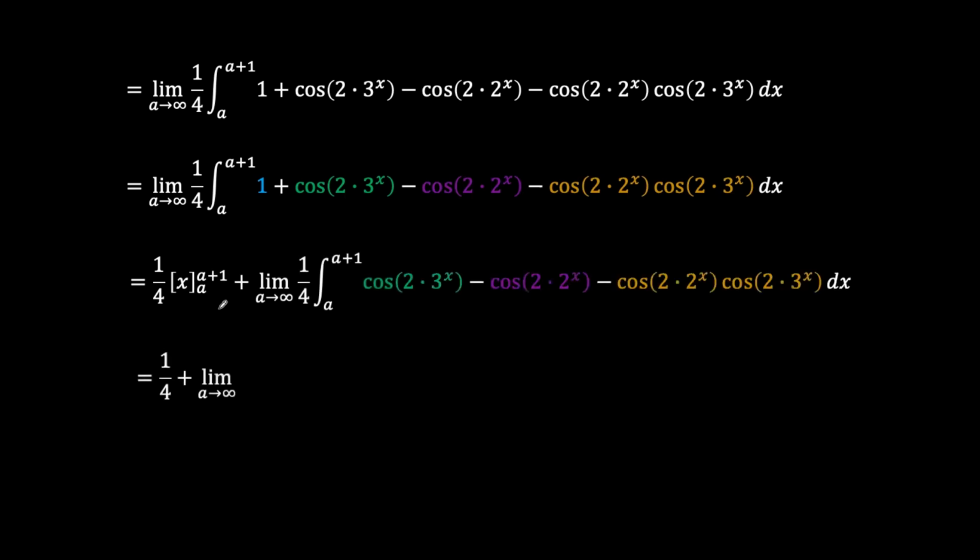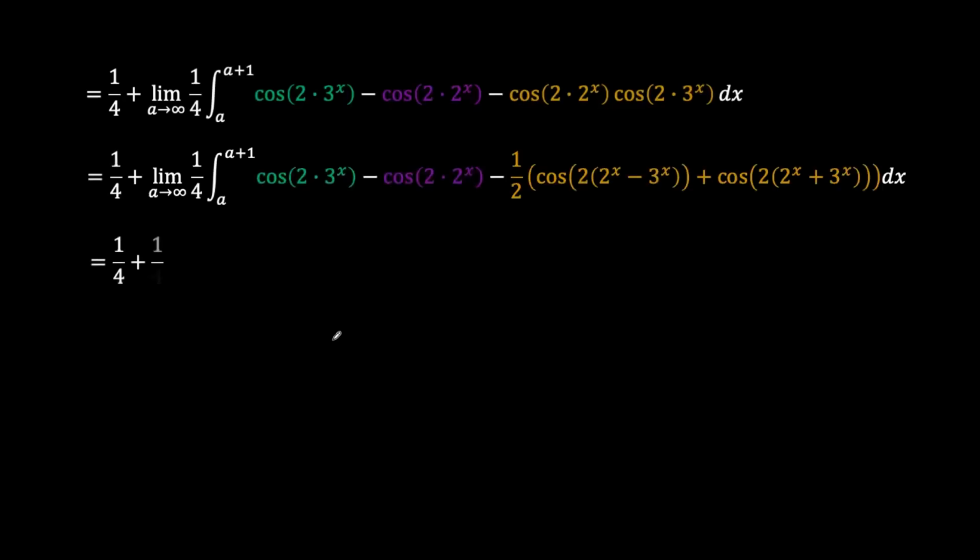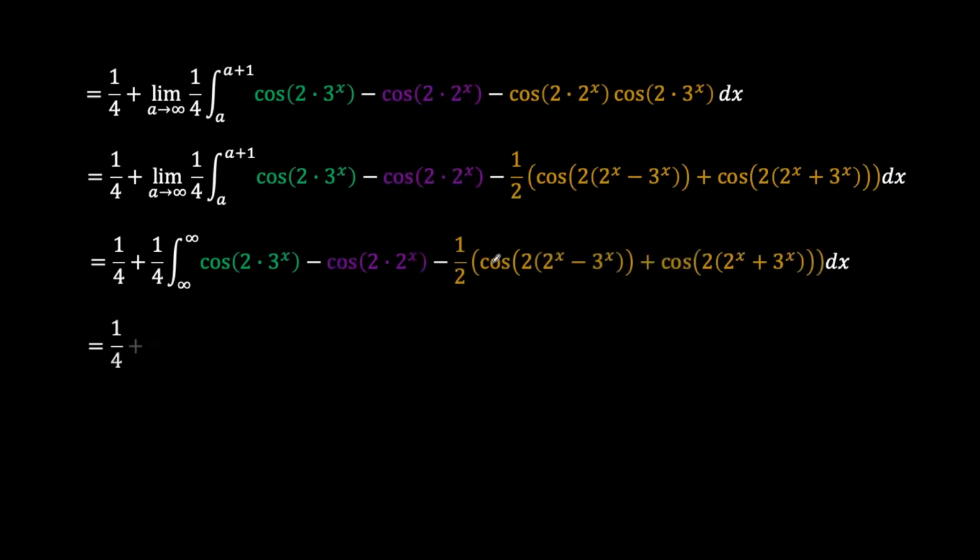But the important thing here is that as a tends to infinity, these other remaining terms have the lower limit being positive infinity and the upper limit being positive infinity, right? So this a quarter plus a quarter, the integral from infinity to infinity of these cosine terms, implies that this entire thing just tends to 0 because there is no interval.